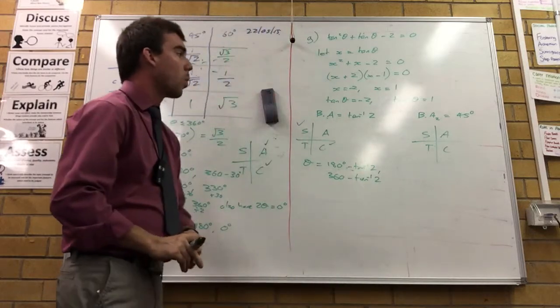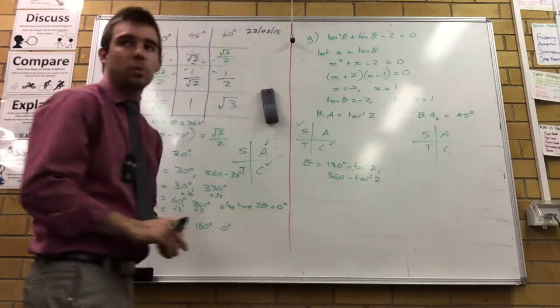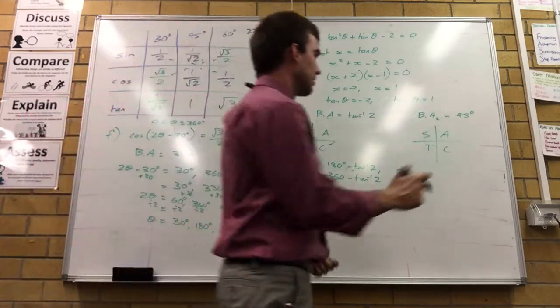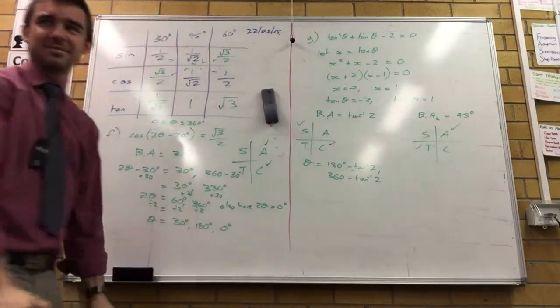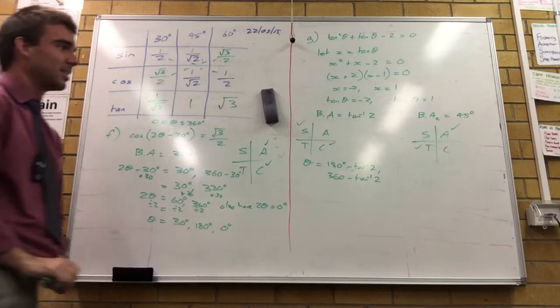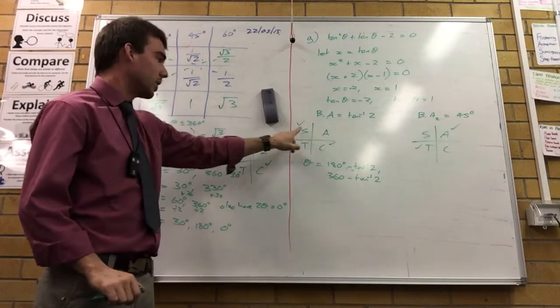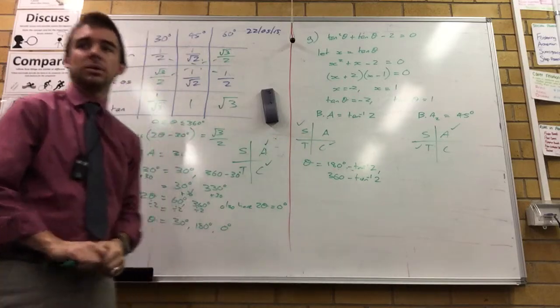So tan of theta is equal to 1. So where is tan positive? Only tan is positive in the first and third quadrants. Everything's positive, only sine is positive, only tan is positive, and only cos is positive.